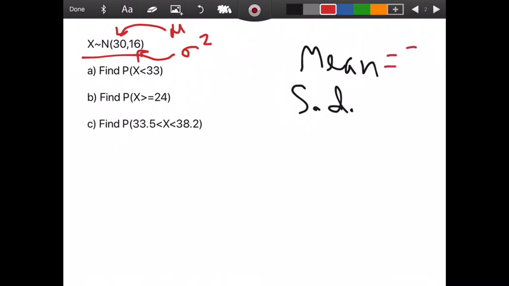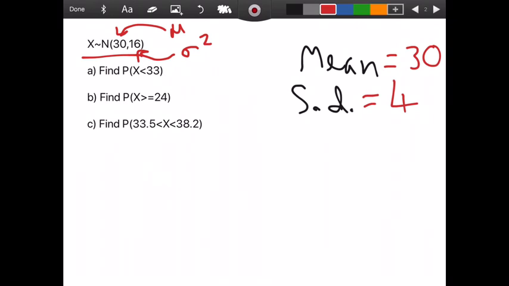So that means here the mean is 30, but the standard deviation is 4. So they always give you the variance, the square of the standard deviation. So be careful with this. Sometimes they'll just write it as 4 squared. That's fine. You can see it's 4, but if they write 16, you need to square root that.